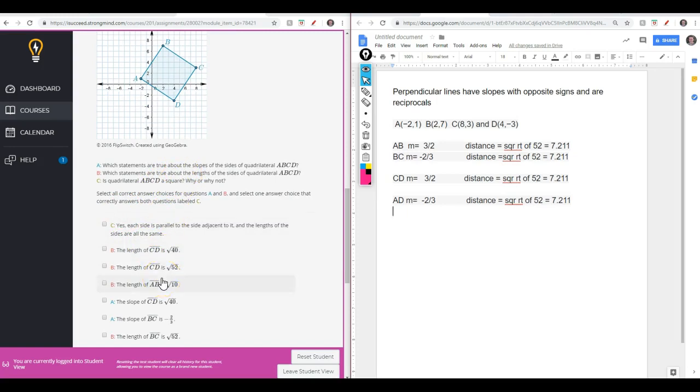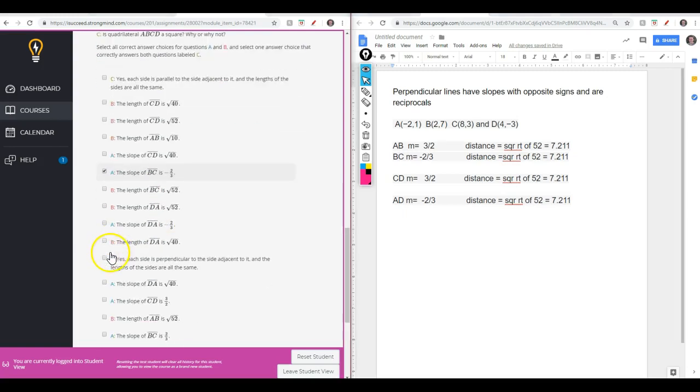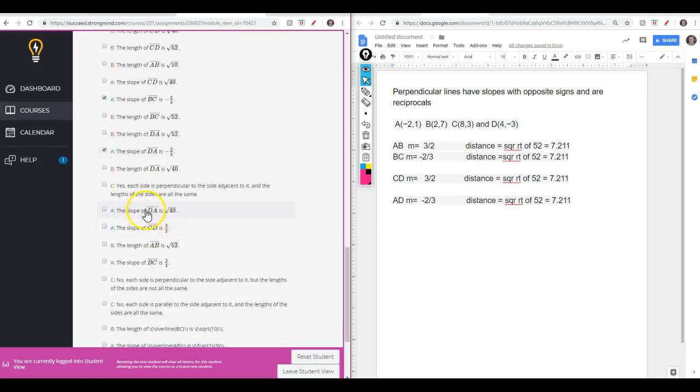So question A, the slope of segment CD is this, not that. The slope of segment BC is -2/3, yes. The slope of segment DA is -2/3. Yes, again, remember that DA is the same thing as AD. The slope of, it's not square root of 40.